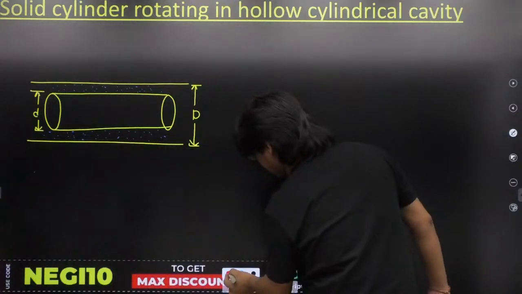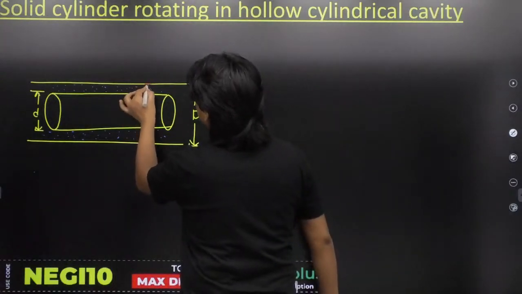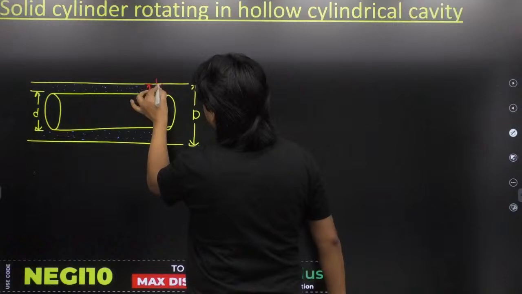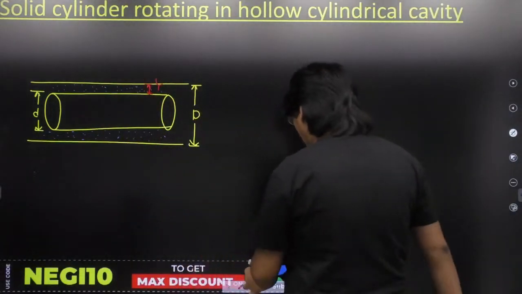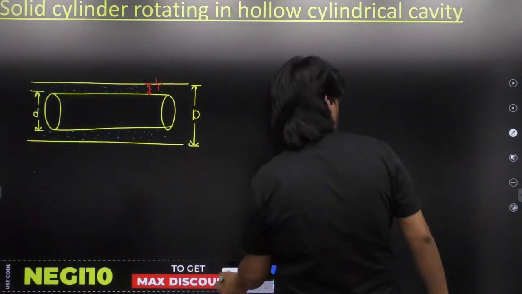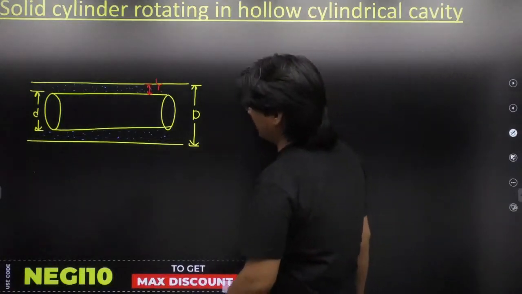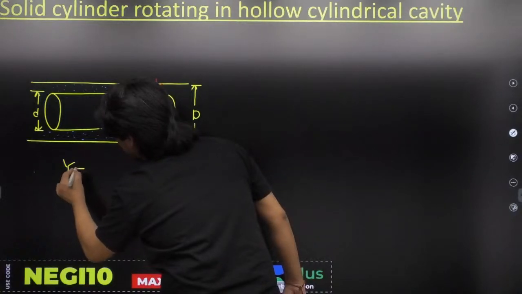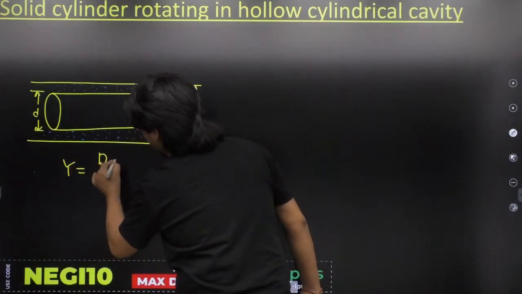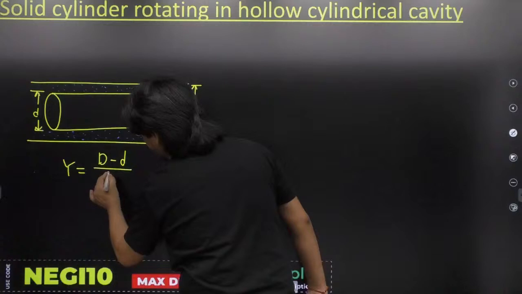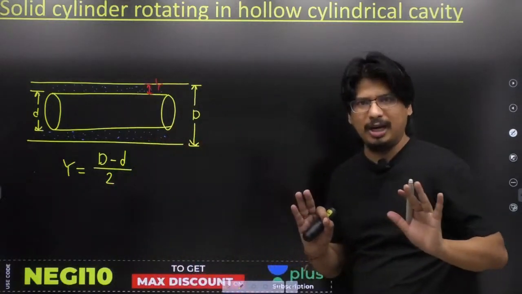This clearance is capital Y. So are you able to recollect this? What will be this capital Y? Capital Y will be capital D minus small d by 2. I hope you are able to recollect.